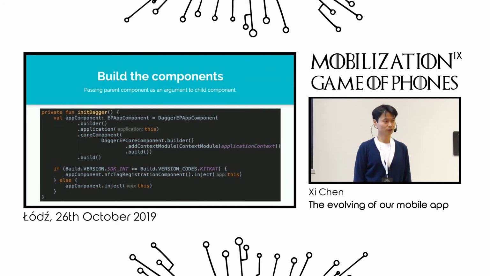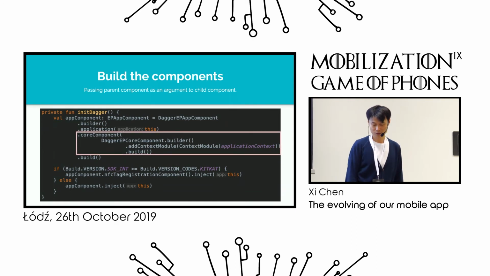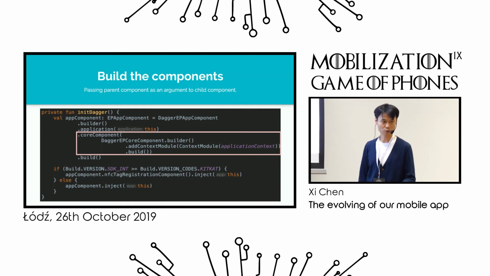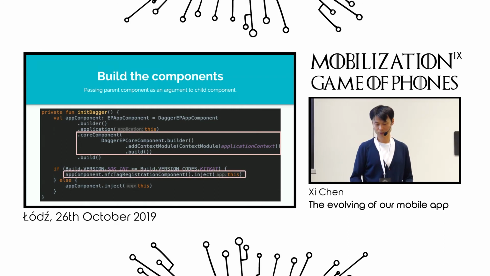Then, at runtime, we need to build components to create instances for injection purposes. How do we do that? Here, we pass the parent component as an argument to the app component. And here, we initiate the subcomponent.